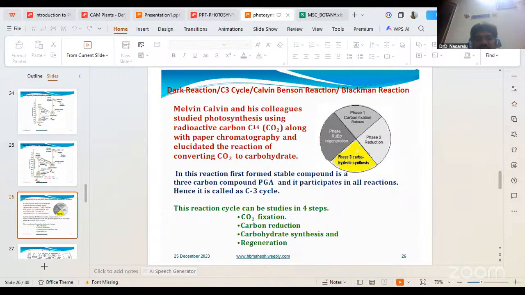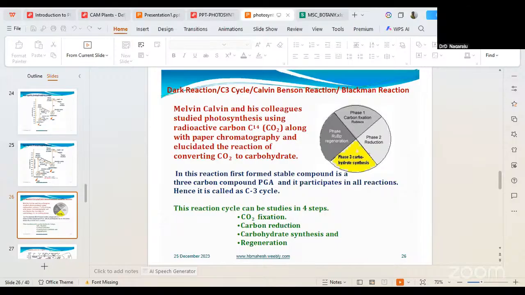Then the sedoheptulose 7 phosphate, with another glyceraldehyde 3 phosphate, forms xylulose 5 phosphate and ribose 5 phosphate.